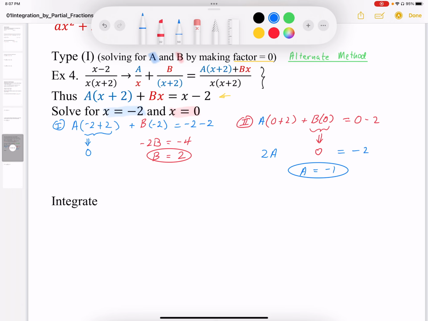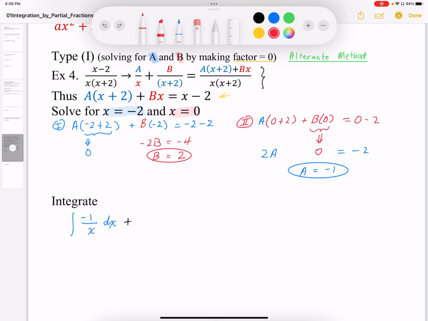Once I solve for a and b, I'm going to integrate this. So I'm going to split this up into partial fraction integrals. It's going to be negative 1 for a all over x, plus b over x plus 2.